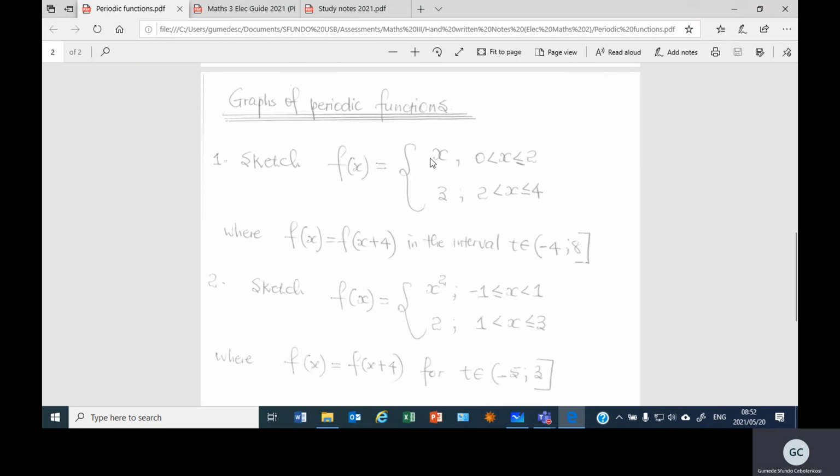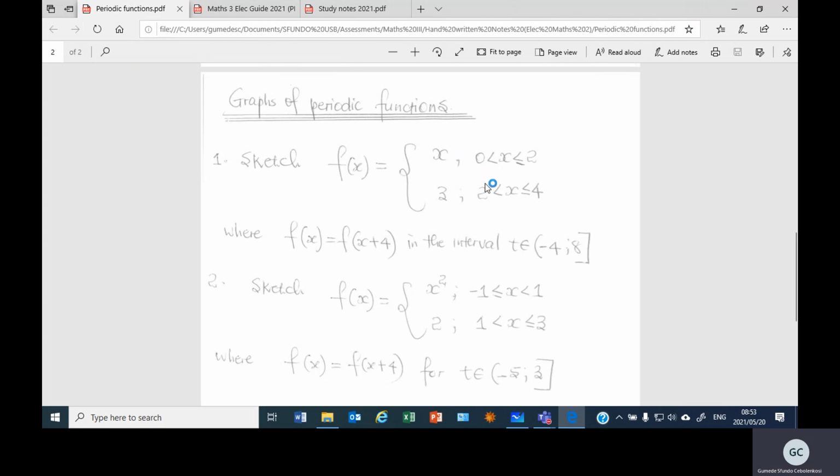So f of x is equal to that, and I tell you what is the period of the function. And then I want you to sketch the graph of this function given the period in a given interval. I'm not sure, but I hope those who did pre-tech or ECP would have sketched the graphs of piecewise functions. So let's see how to sketch a periodic function.